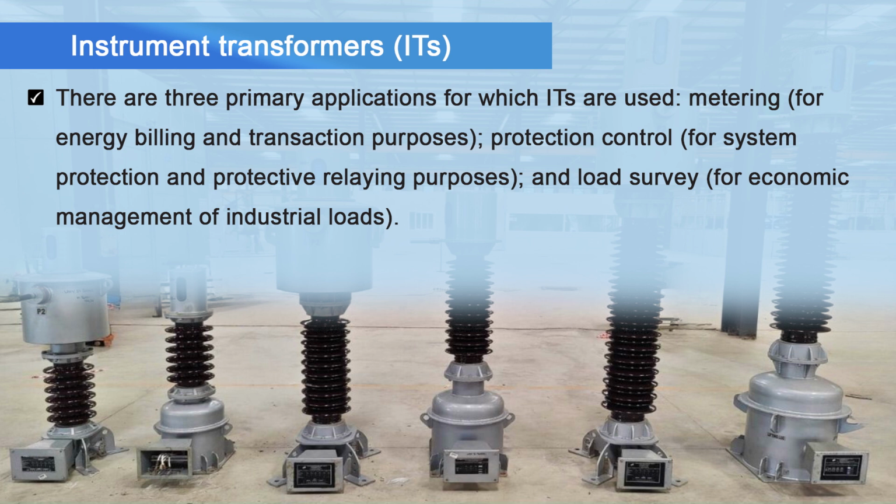So the first purpose is for metering, like for energy billing and transaction purposes. Second one is for protection control, which is used for system protection and protective relaying purposes. And also the third purpose is load survey, that is for economic management of industrial loads. So these are the 3 purposes for which we are going to use the instrument transformers.